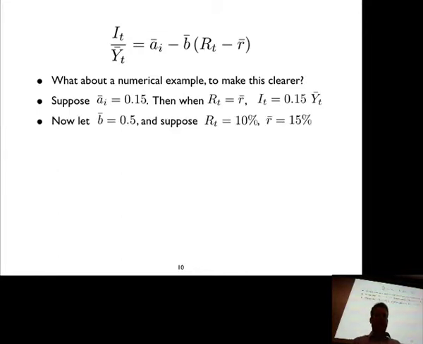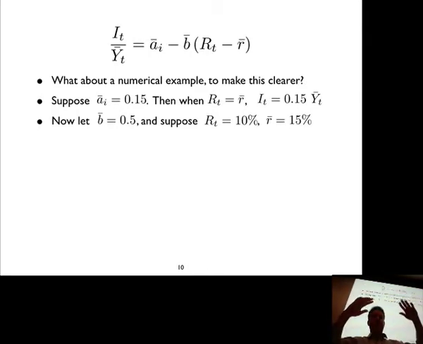Now suppose that this coefficient B is 1/2 or 0.5, and suppose that the real interest rate were 5 percentage points below the marginal product of capital. So here R bar is 15%, uppercase R is 10%. It's a story about the real interest rate then falling below the marginal product of capital.